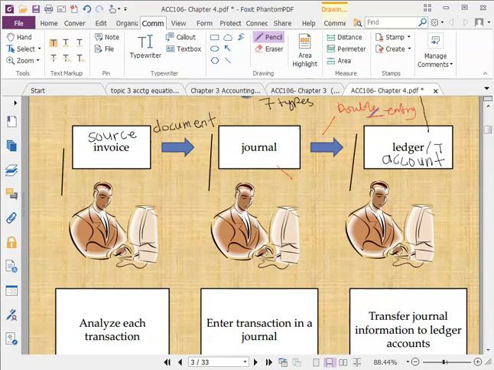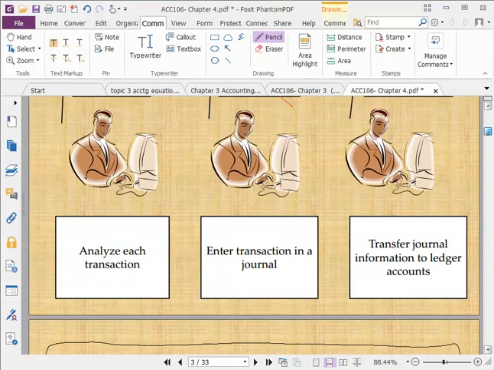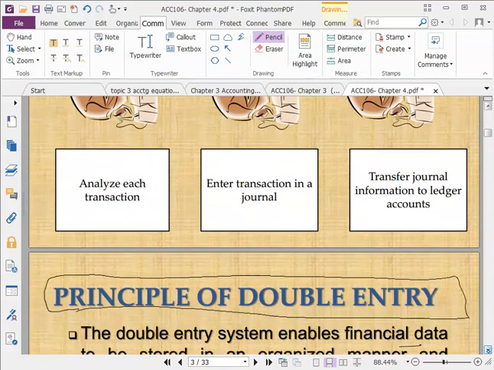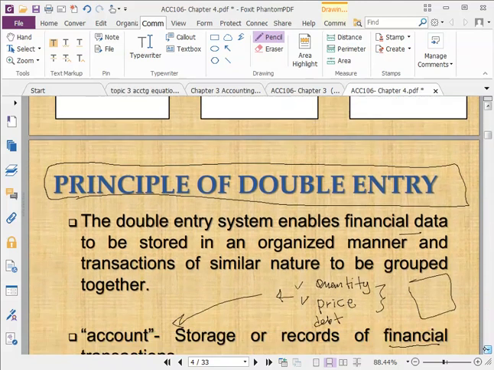Why do we need the double entry? So that it is easier for us to key into the accounts. That is the function of the double entry. Analyze each transaction, enter the transaction in a journal, and then transfer the journal information to the account ledger. That is the process.